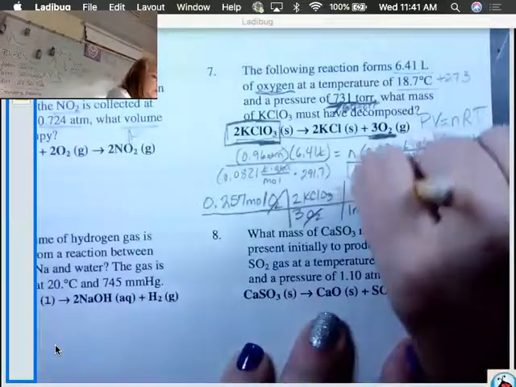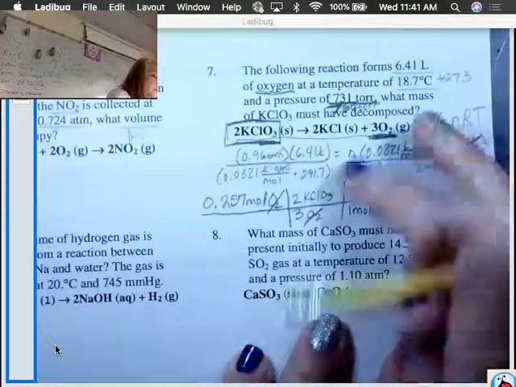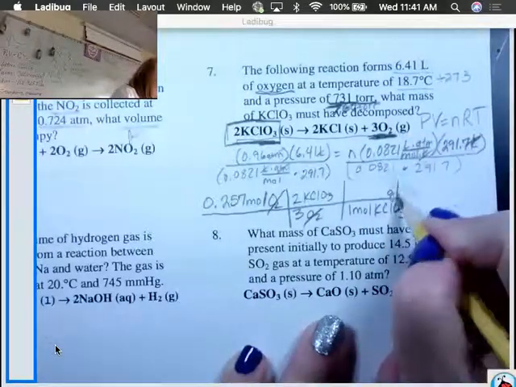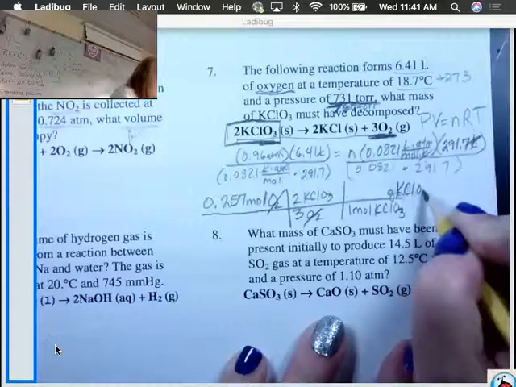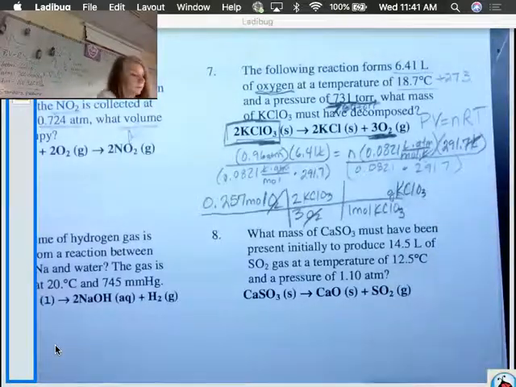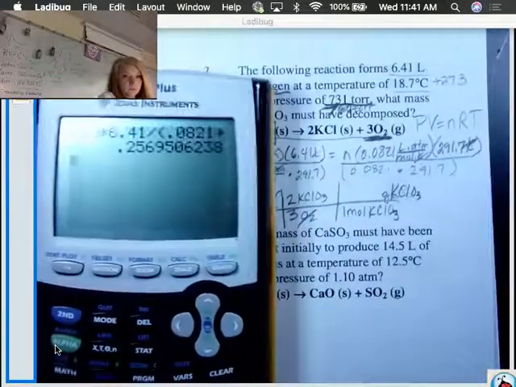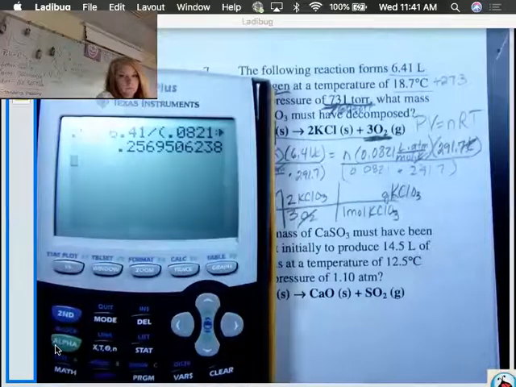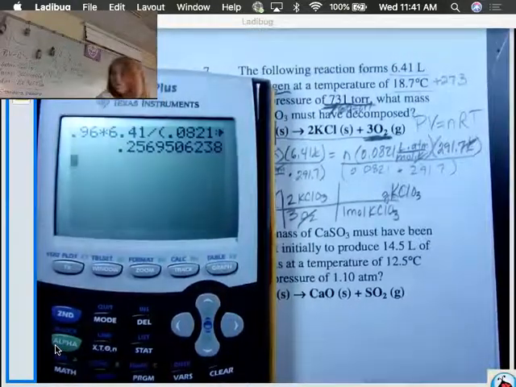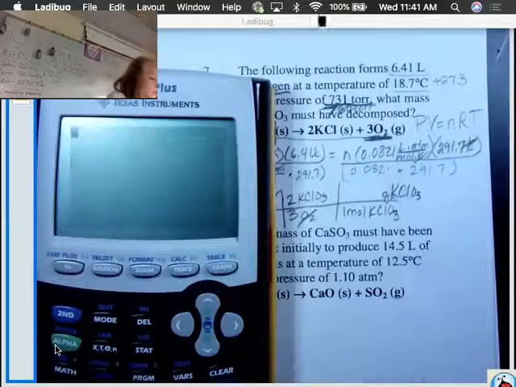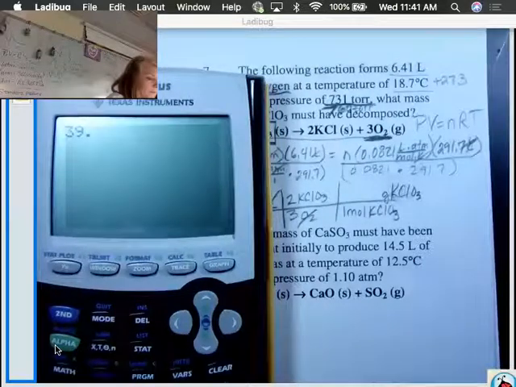Yeah, it's kind of small, isn't it? It's actually a molar mass of 39.0. So you said 39 point. Okay.